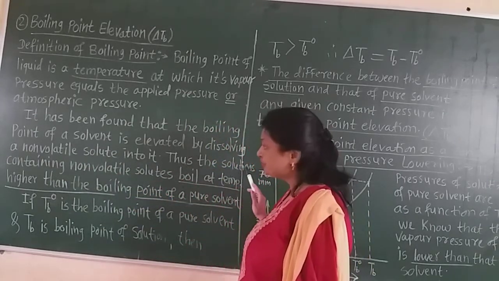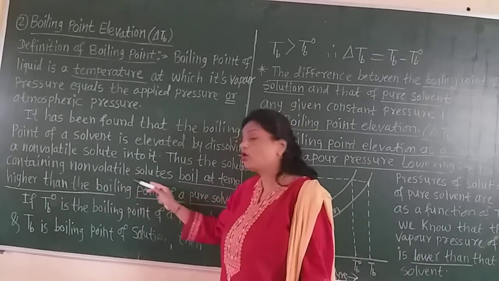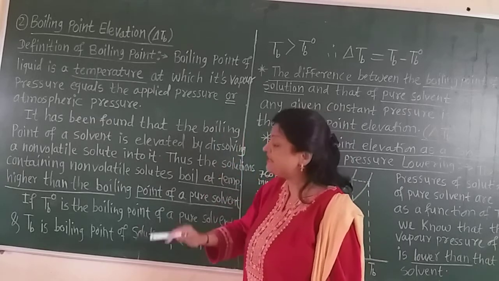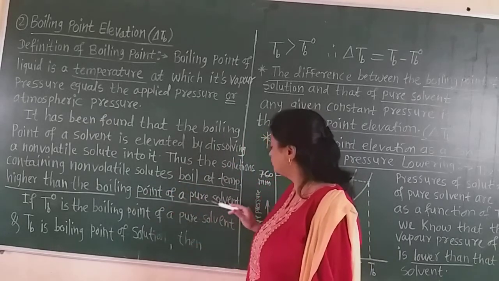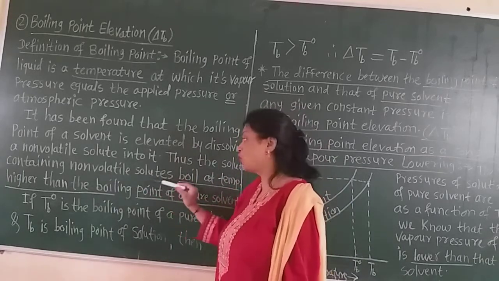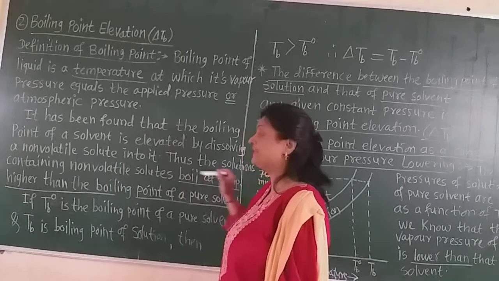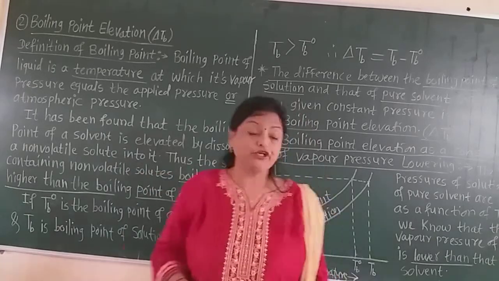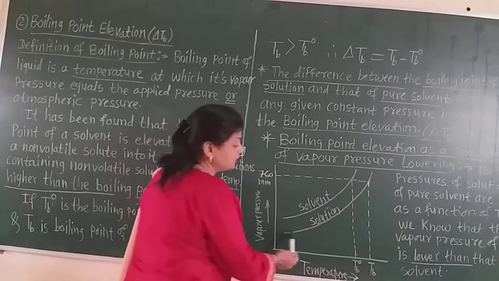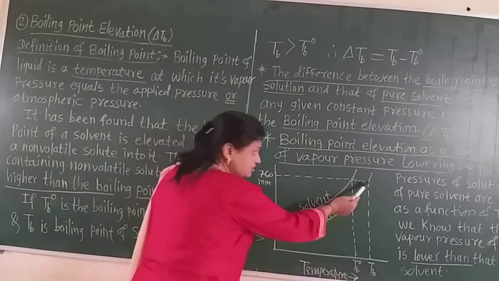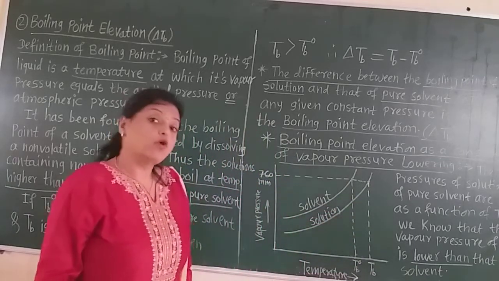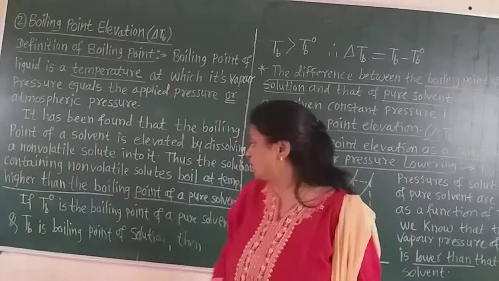Thus, the solutions containing a non-volatile solute boil at a temperature higher than the boiling point of the pure solvent. Now, this is the solution where the non-volatile solute is added, and it boils at a higher temperature than the boiling point of the pure solvent.